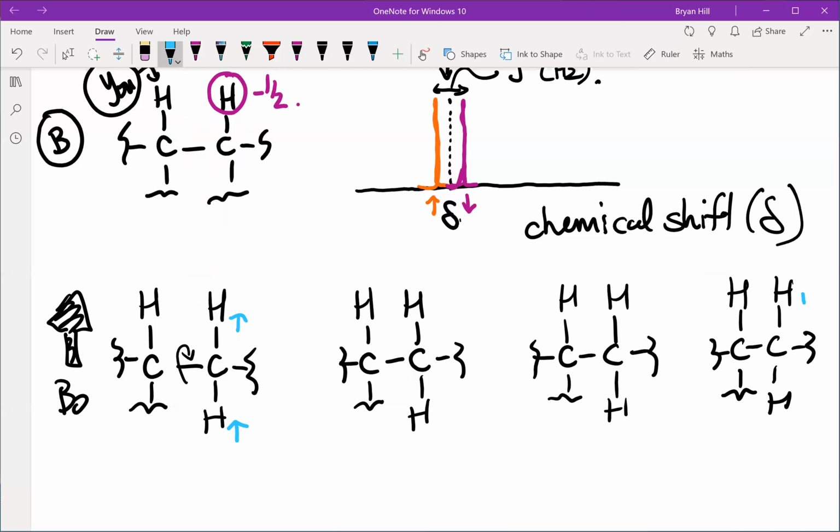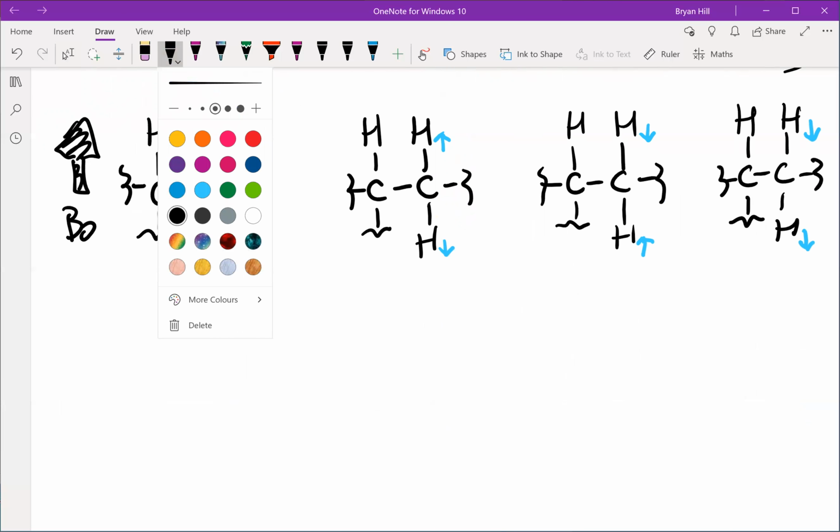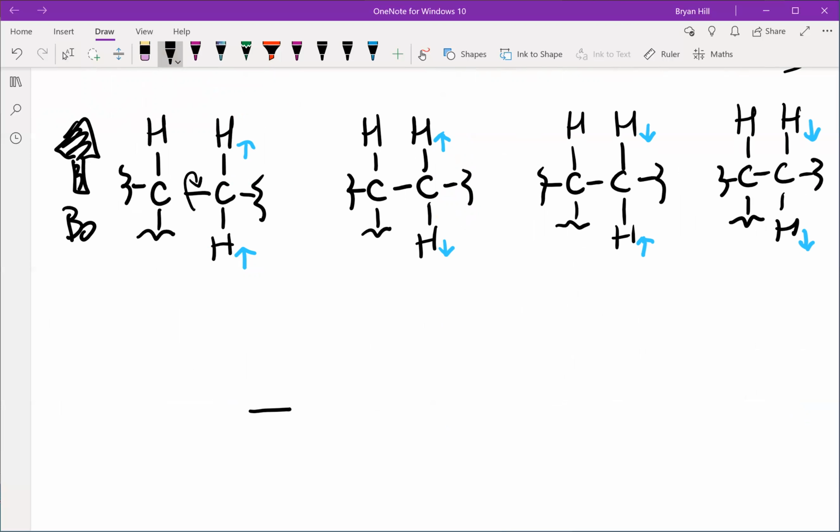There's one scenario where both protons are opposed to the applied field. And there are 2 scenarios where one's aligned and one's opposed, or one's opposed and one's aligned. So when you have 2 protons next door to you, you're going to be split into 3 different signals, and you would look like this.